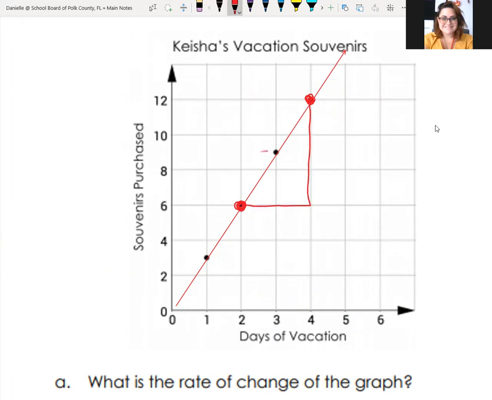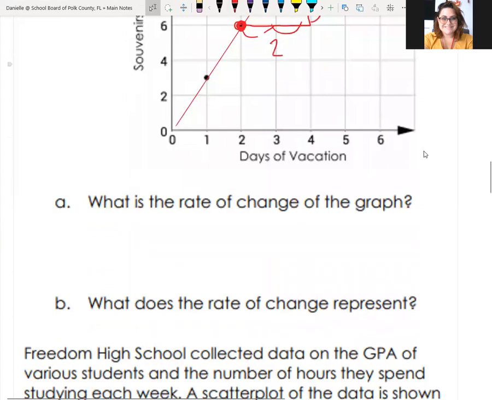For souvenirs purchased, I assume this number is 9, but I'm not 100% sure, which is why I always stick to where it crosses perfectly. So we're going over 1, 2, because this is counting by 1, so over 2, and it's counting by 2s up. So we go 2, 4, 6 up. So our rate of change is going to be 6 souvenirs per 2 days, which means 3 per day.